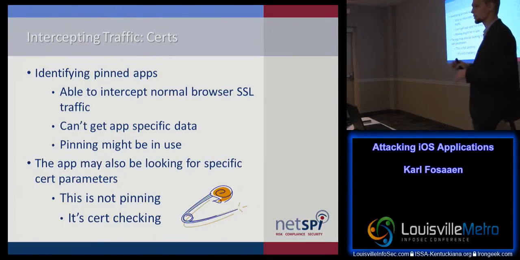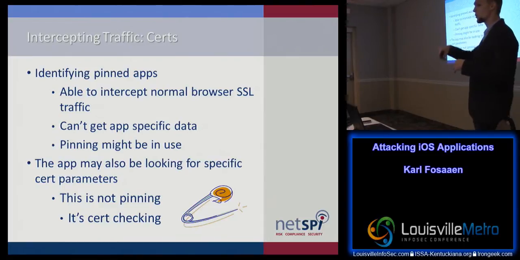Burp's got some interesting settings, so you can actually just not try to SSL intercept specific domains. So let's say we know Starbucks.com is one of the cert-pinned domains that's not going to trust any other SSL traffic. We can actually put an exception in Burp to say, hey, if this application is trying to go out on HTTPS to this domain, forget about it, let that traffic go through, we don't want to mess with that.